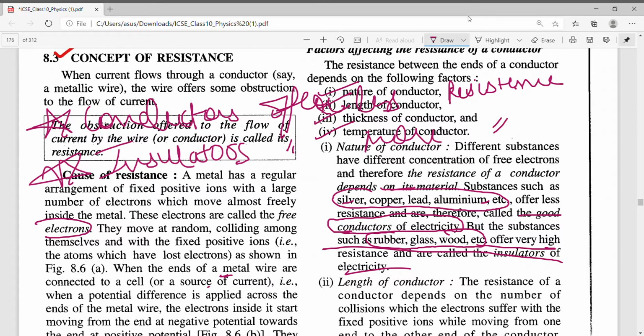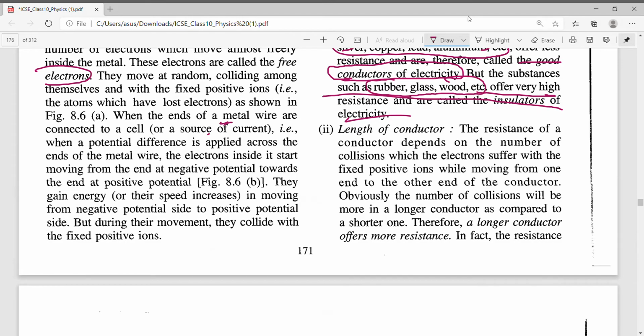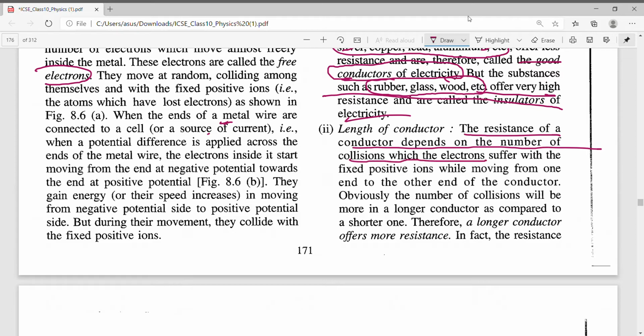Correct? Now, length of conductor. The resistance of a conductor basically depends upon the number of collisions the electrons suffer with the fixed positive ions while moving from one end to the other end of the conductor. Obviously the number of collisions will be more in a longer conductor as compared to a shorter one. If I have this conductor, which is a longer one, it will have more positive ions.